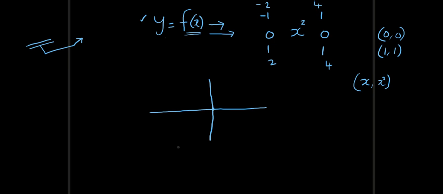So we have 0, 0 here, and then 1 comma 1 over here, and 2 comma 4 maybe somewhere here, and in between there are many values, and that gives me a parabola. And on the negative side also the same thing happens. Minus 1 square is 1 and minus 2 square is 4, etc, etc. So we get a parabola.